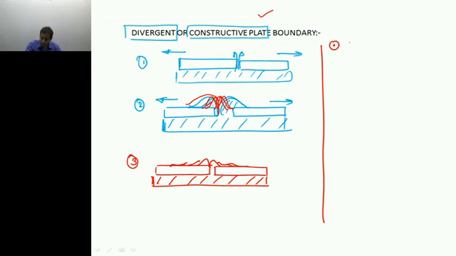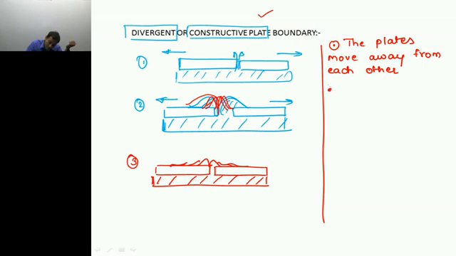Here the plates move away from each other. Because they move away from each other, there is a continuous upwelling of molten rock.